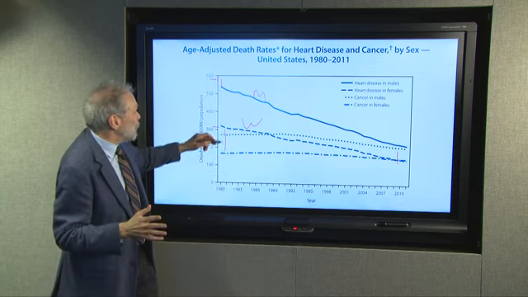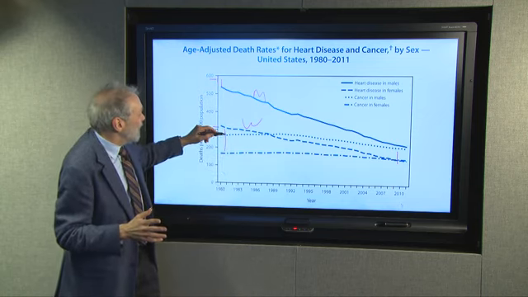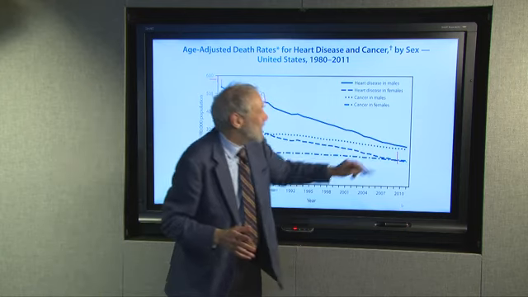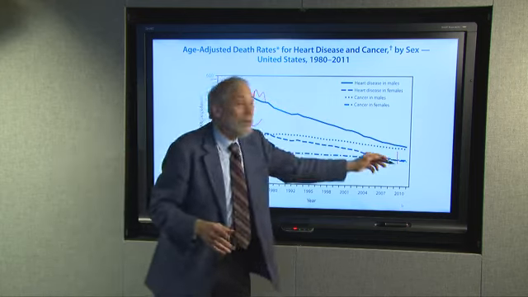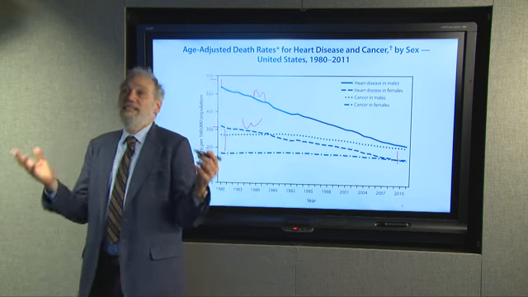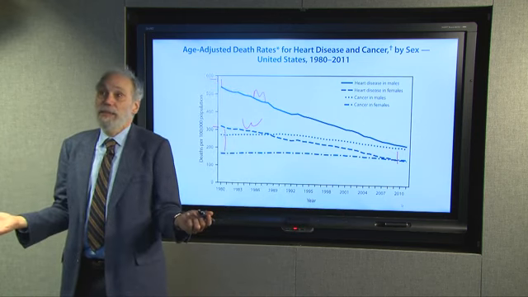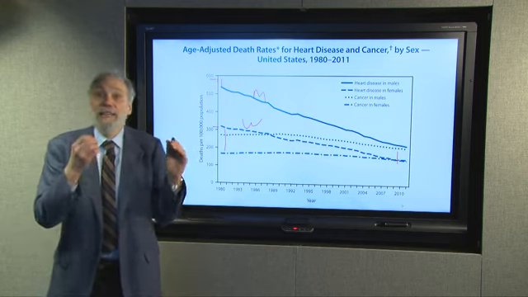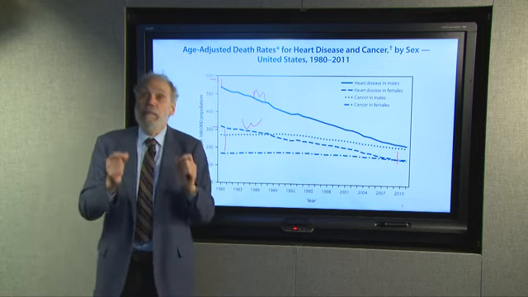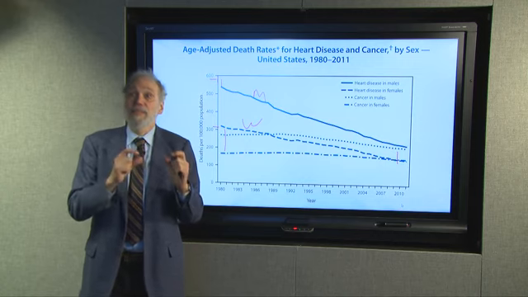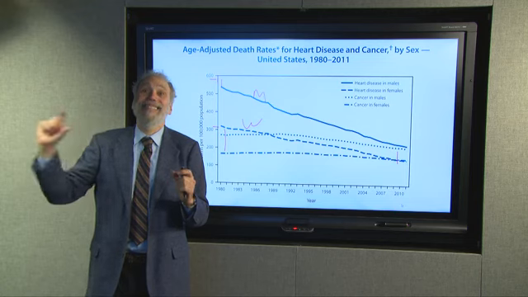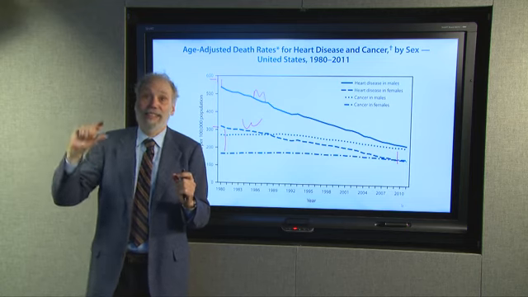But that's not true here. The ratio of this to that is bigger than the ratio of this to that, because mortality rates have been declining faster for men than for women. That's what non-proportionality means. It means the ratio of the rates in the two groups is changing. It's not some fixed constant.